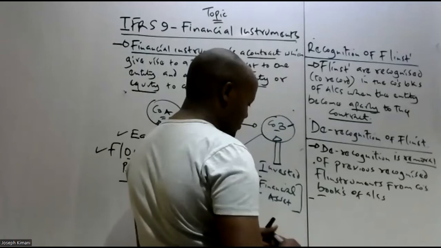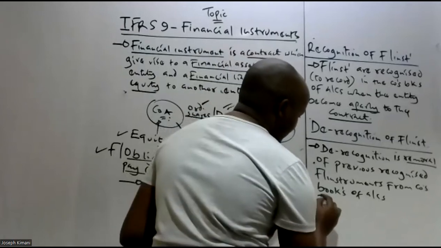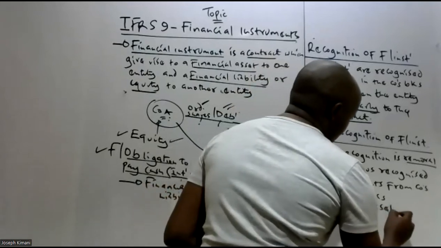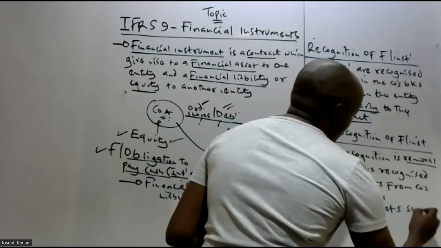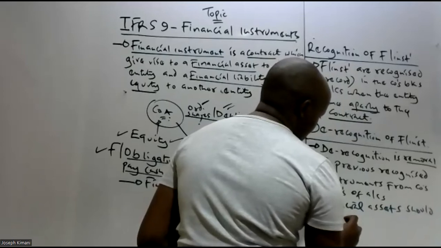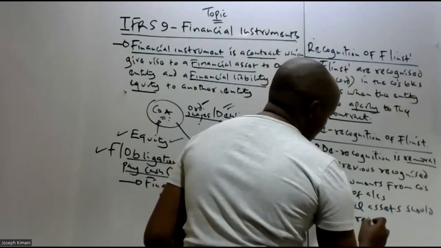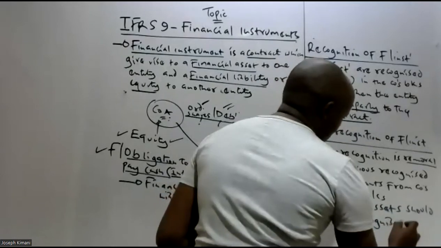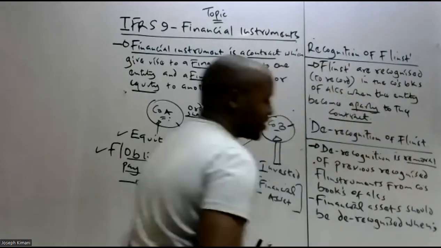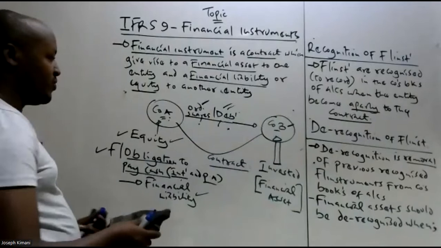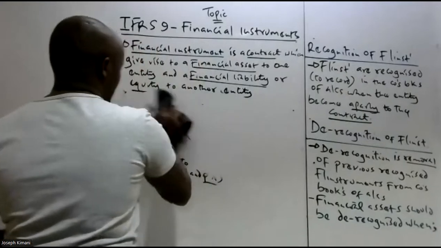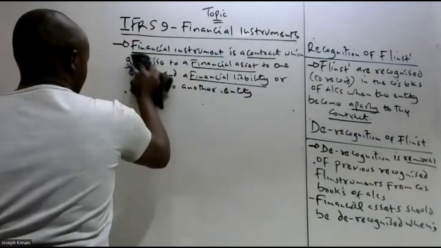And therefore, one, a financial asset should be derecognized when, basically, we have two circumstances under which a financial asset should be derecognized, or the company should stop accounting for a financial asset in its books of accounts.